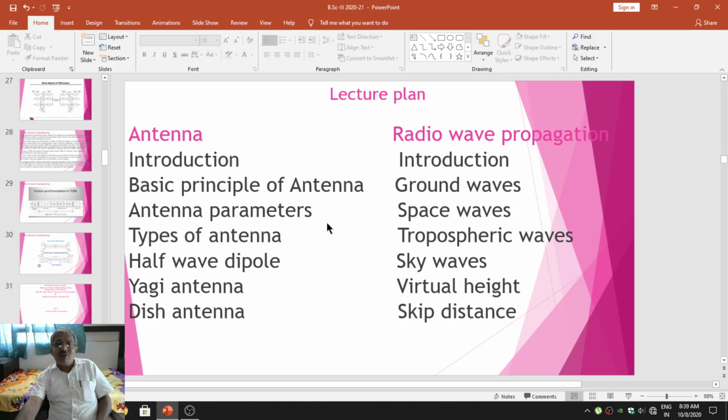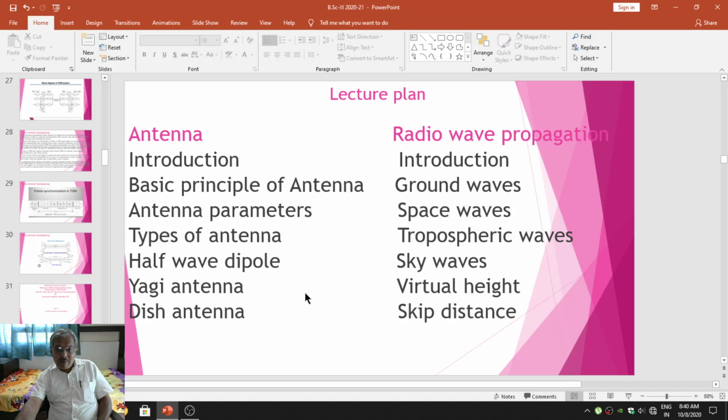So for that particular purpose, which are the parameters which are responsible for those antennas? Then we are going to study the types of antenna, where we are going to study three types of antenna. One is the basic antenna, that is a half wave dipole antenna. Second one is a Yagi antenna, and last one is the dish antenna.